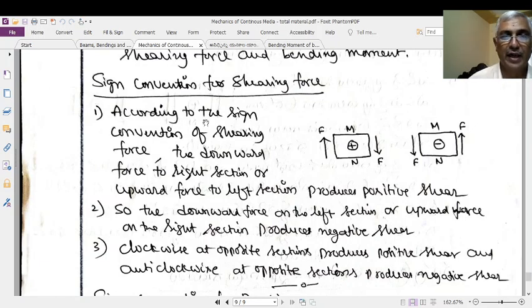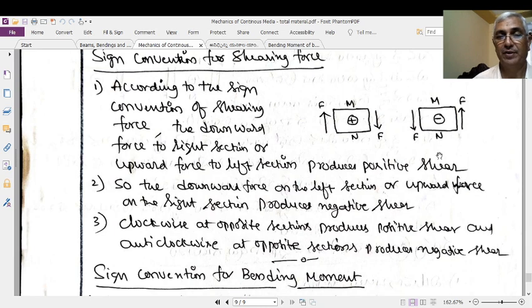According to the sign convention of the shearing force, a downward force to the right section, or an upward force to the left section, produces positive shear. On the other hand, an upward force for the right section and a downward force for the left section produce negative shear.